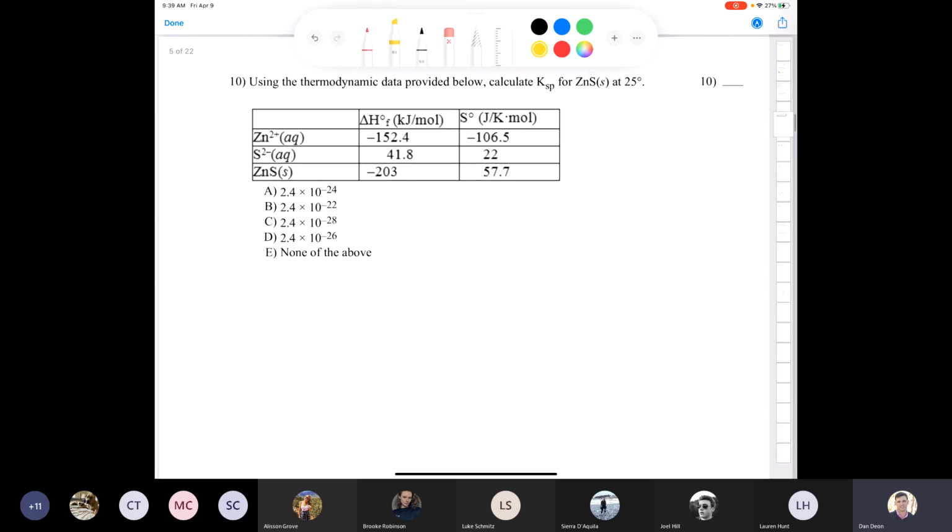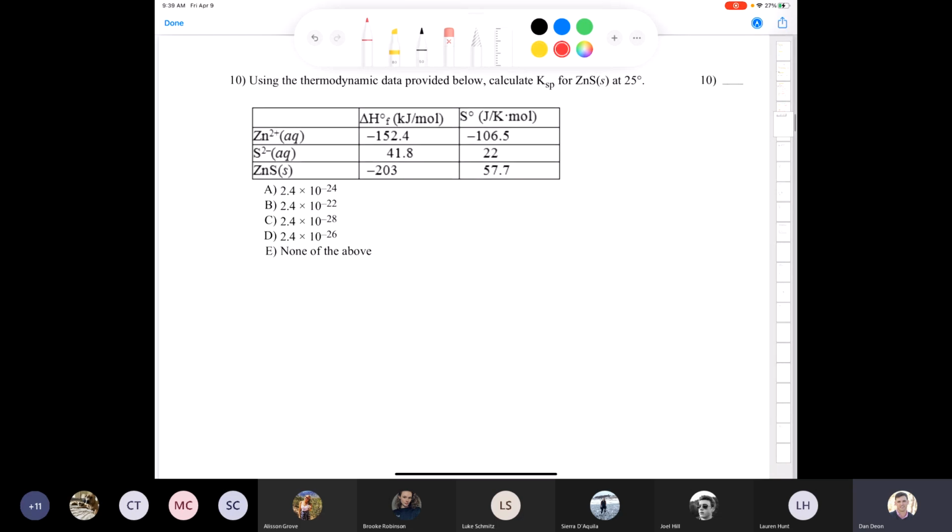Question number 10, it says, using the thermodynamic data provided below, calculate the KSP for zinc sulfide at 25 degrees Celsius. So you guys should remember KSP. We have zinc sulfide in the solid phase, which is in equilibrium with some zinc ions in the aqueous phase, plus sulfide ions in the aqueous phase.